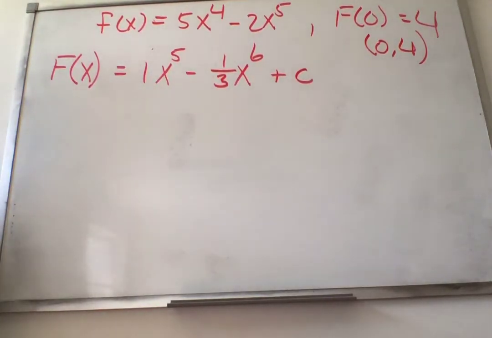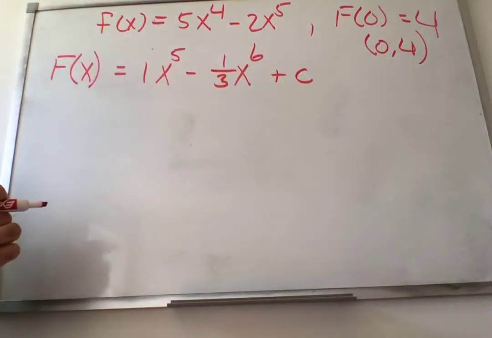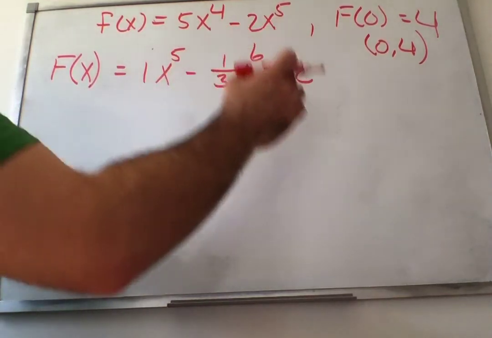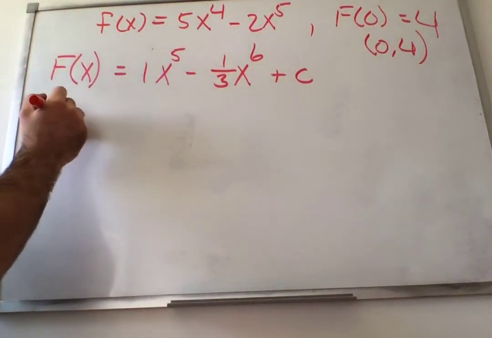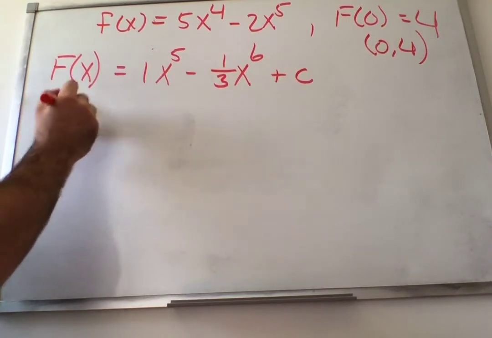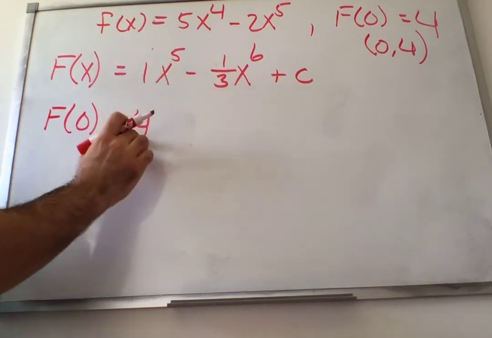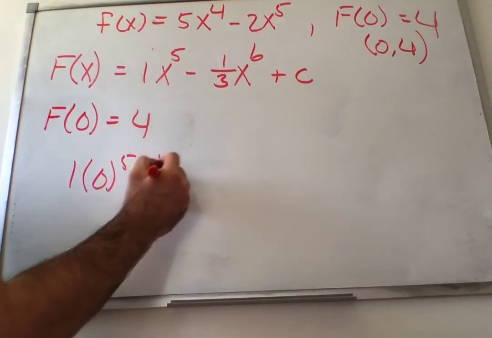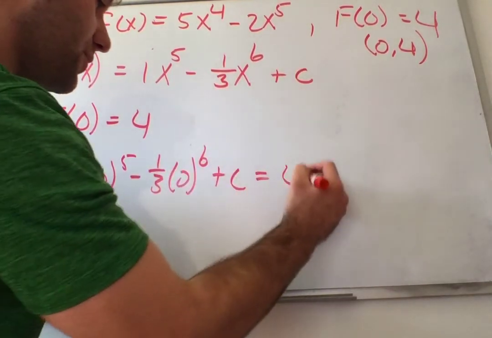What I'm going to do here is plug in the point and solve for c. Now, this one's very easy. We could do it with a different point in a second, but if I plug in 0 here, so F of 0 is equal to 4. That means plug in 0 into here, set it equal to 4. Well, 1 times 0 to the 5th power minus 1/3 times 0 to the 6th power plus c is equal to 4.